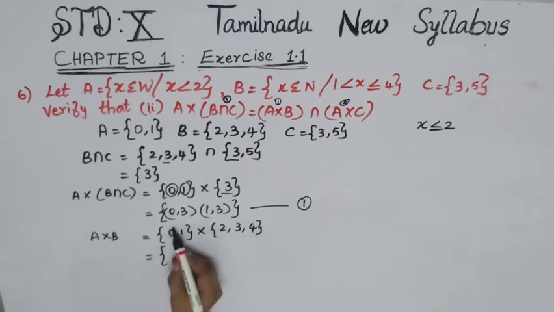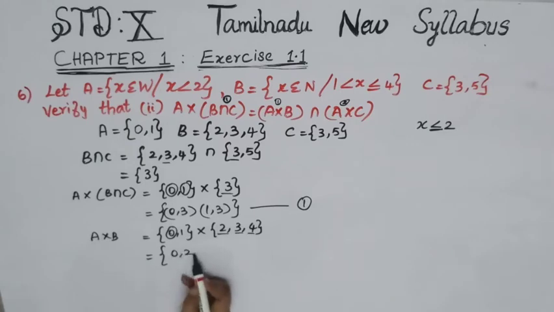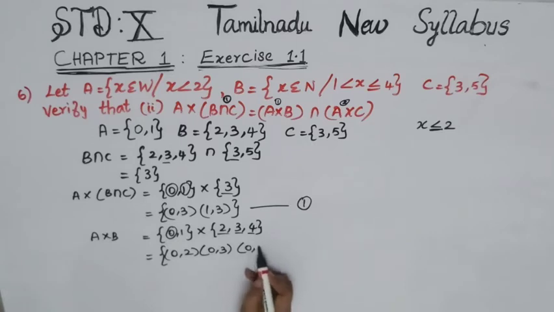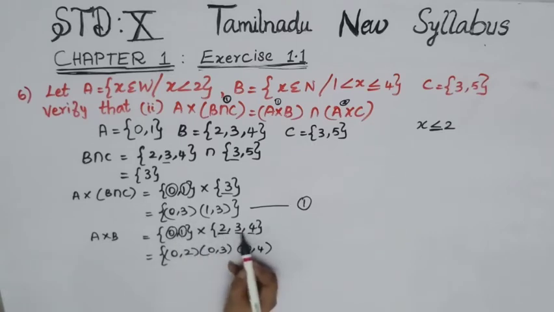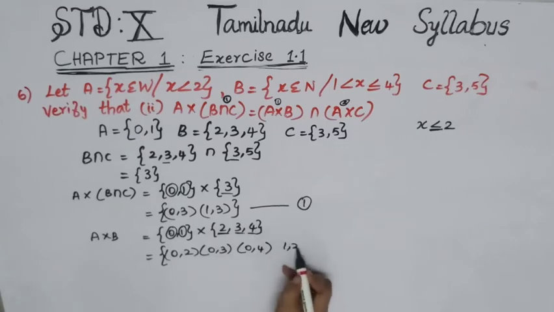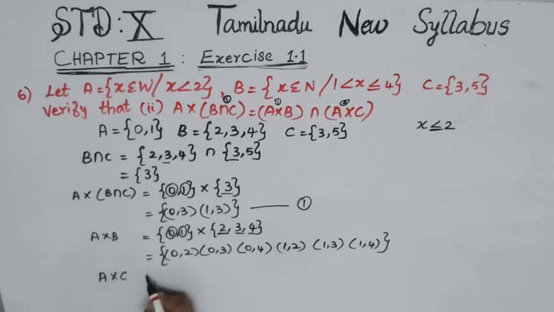Your first element in A joining with these 3 elements: (0, 2), (0, 3), (0, 4). Then the second element in A joining with these 3 elements: (1, 2), (1, 3), (1, 4). Now close your bracket.